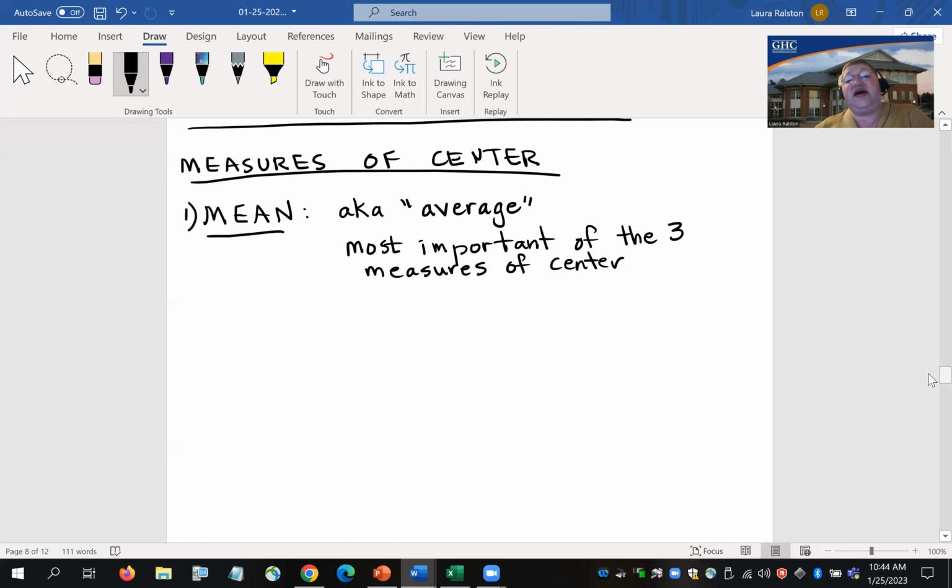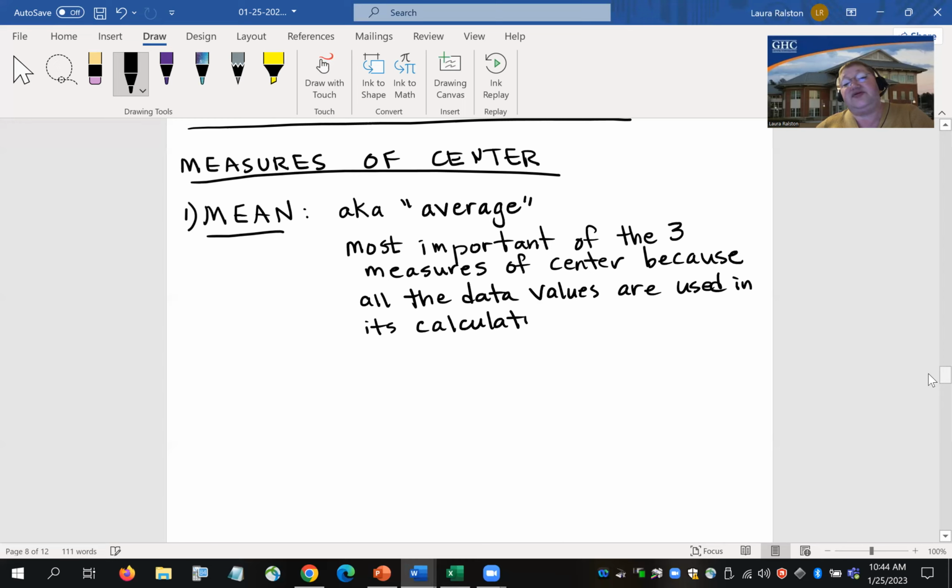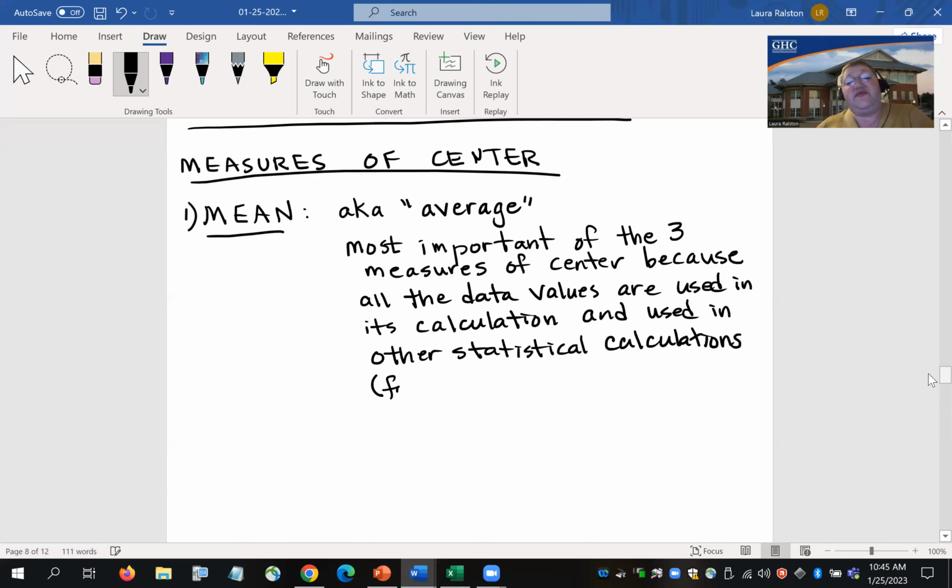One is because all the data values are used in its calculation, so we're not leaving anything out, okay, and because it's used in other statistical calculations or formulas, if you will.